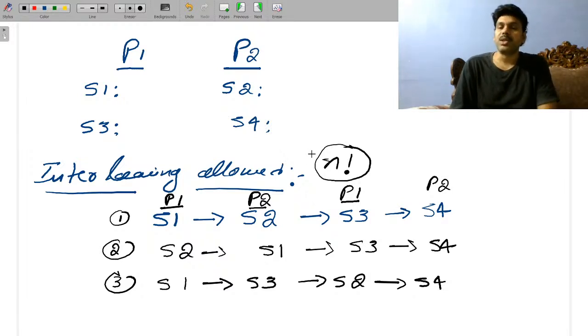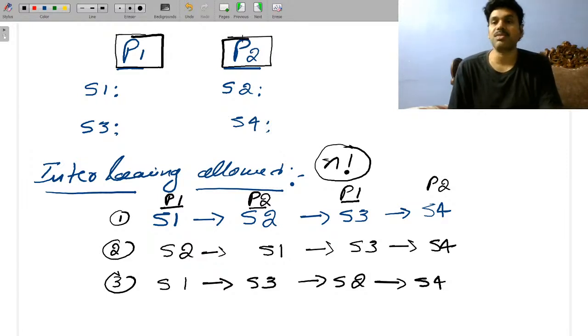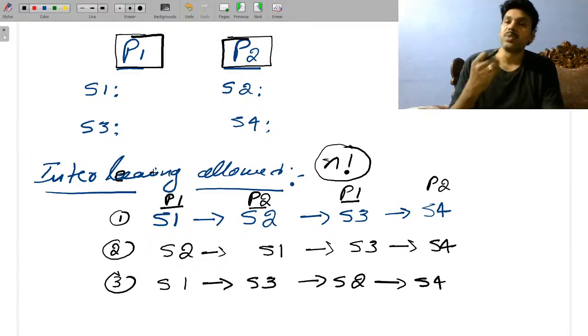So this is the meaning of concurrent execution. Concurrent execution is where your threads run concurrently with each other, and there may be a chance of preemptions. This is very important. Whenever you talk about interleaving, there are some preemptions. That means a thread or a process can preempt others and occupy the resource.